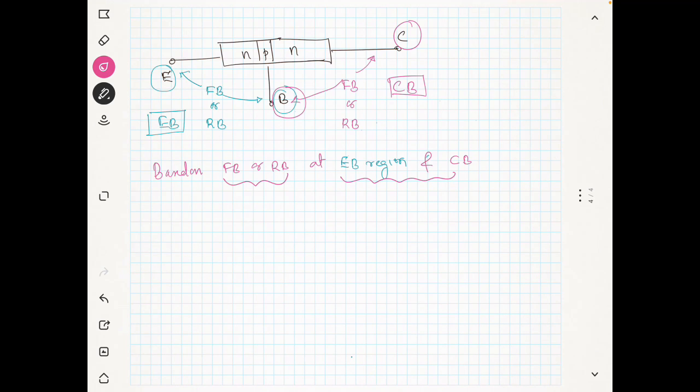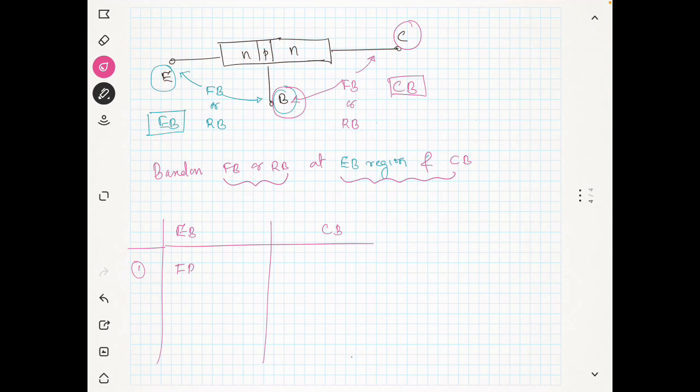Based on it we have different types of configuration. First of all I will explain this configuration. Suppose you have the emitter base region and the collector base region.